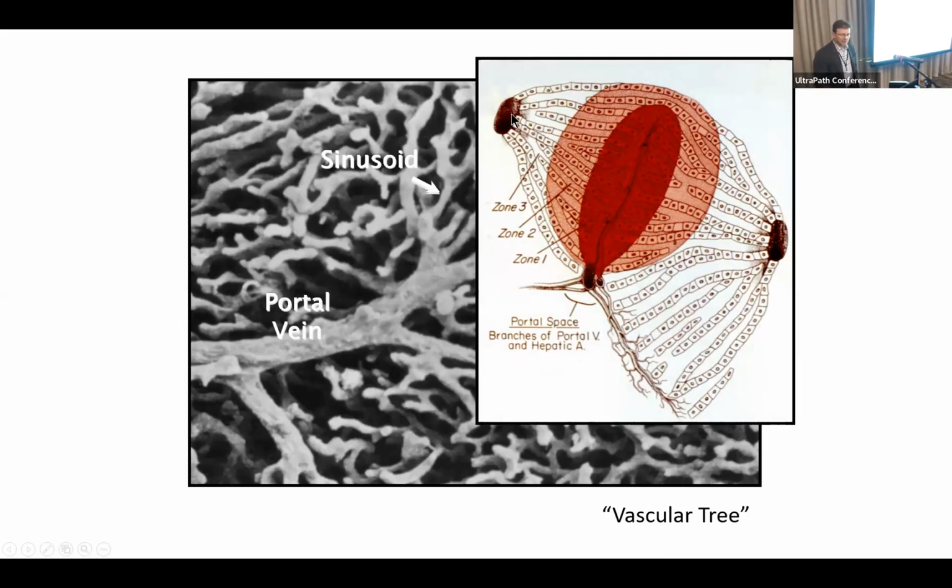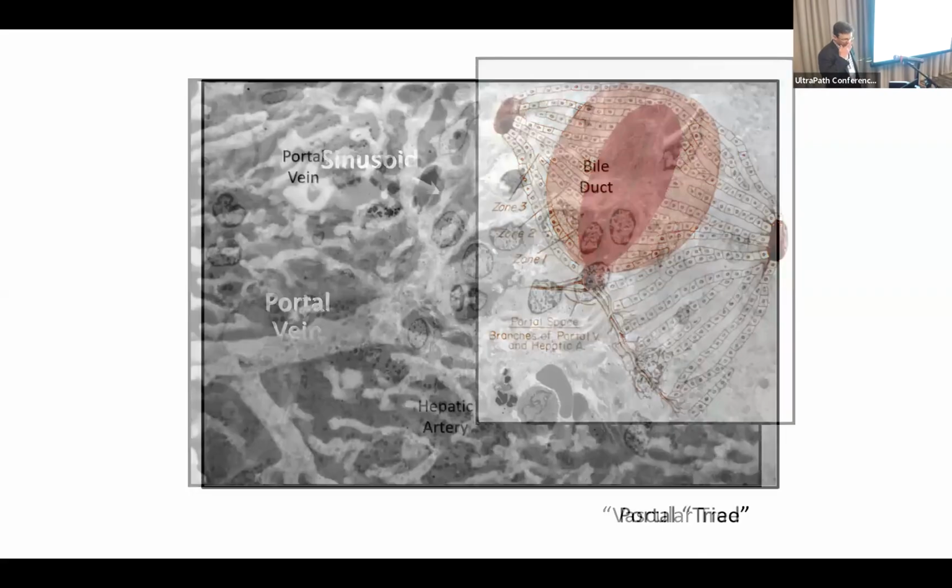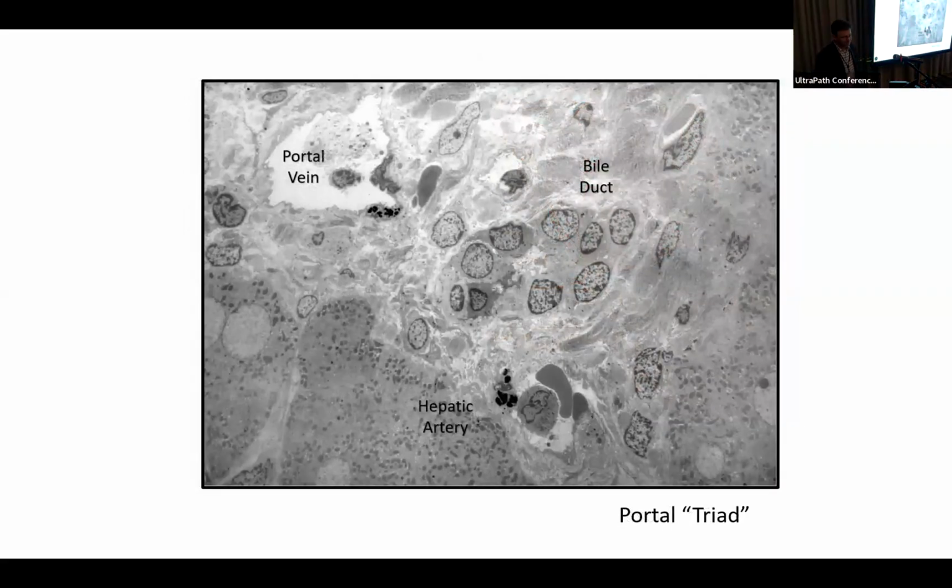This is important because the blood flowing from the terminal branches in the portal areas towards the central vein loses oxygen and nutrients as it goes along the way, and that changes both the structure and the functions of the hepatocytes that you'll be looking at in the liver. We'll have some examples of that later.